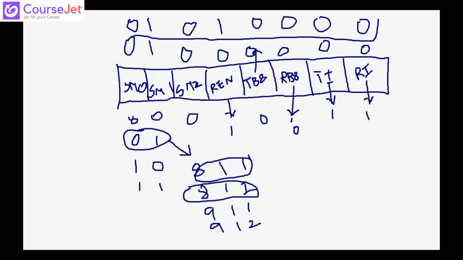One more register we have is called the PCON register, which I will explain later. In the PCON register you have only one bit, which is SMOD. That bit is used to double the baud rate. That means if you are selecting 1200 and you make that SMOD bit in the PCON register 1, you will get double speed.